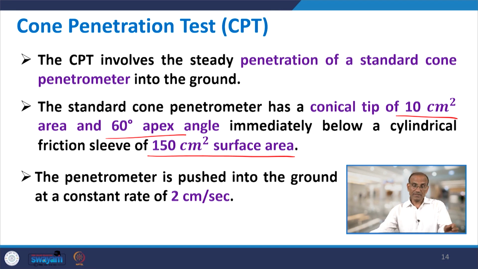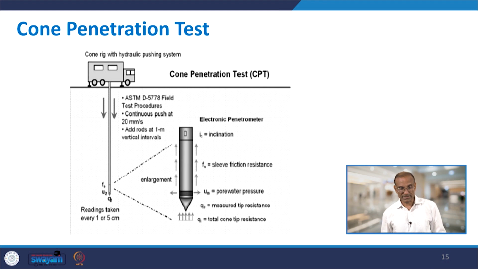The penetrometer is pushed into the ground at a constant rate of 2 centimeter per second. Like in the SPT, where the rate of the number of blows was constant, similarly in the CPT the rate of the penetrometer is 2 centimeter per second.